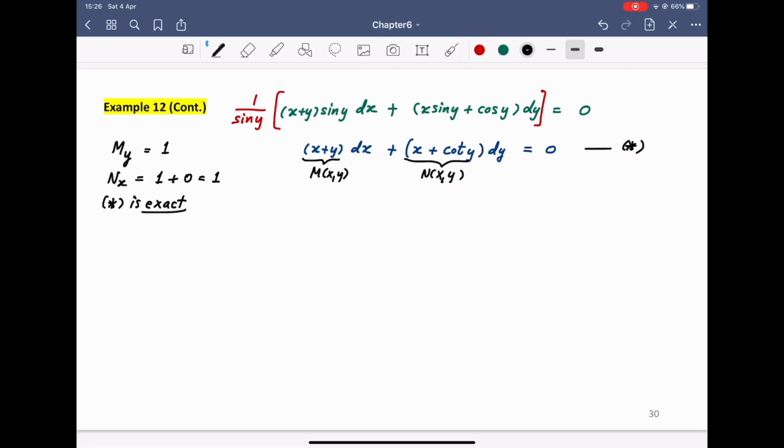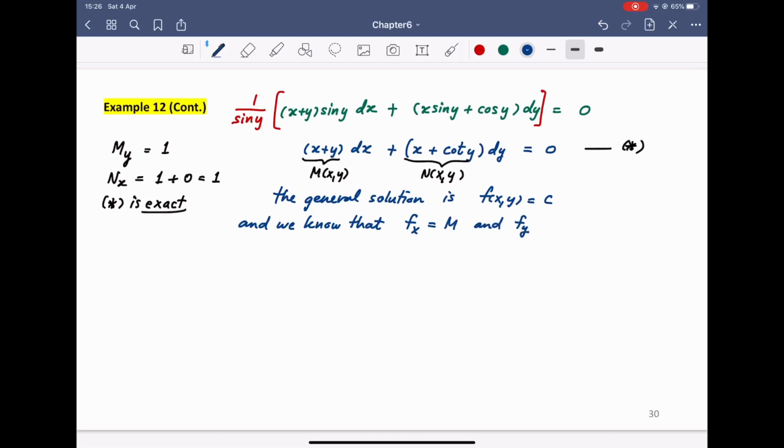Well, now our differential equation turned into an exact differential equation, and now you can solve it by using the technique that we learned before. So the general solution is f(x,y) equal to c, right? And we also know that if you differentiate f with respect to x, you get M. And if you differentiate f with respect to y, you get N. So we're going to start with f equal to the integral of M(x,y) with respect to x.